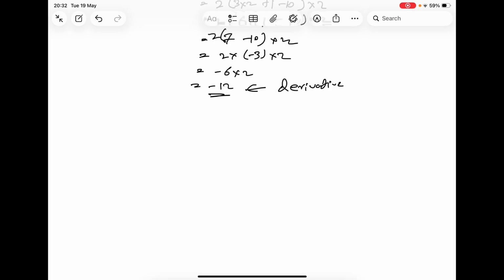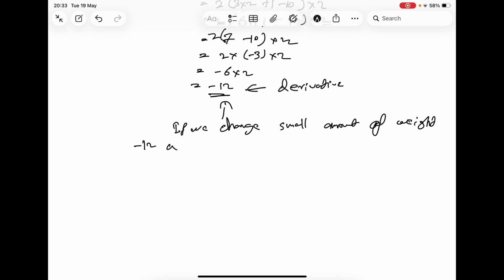So what this means is, if we change a small amount of weight, minus 12 amount of loss will get reduced.